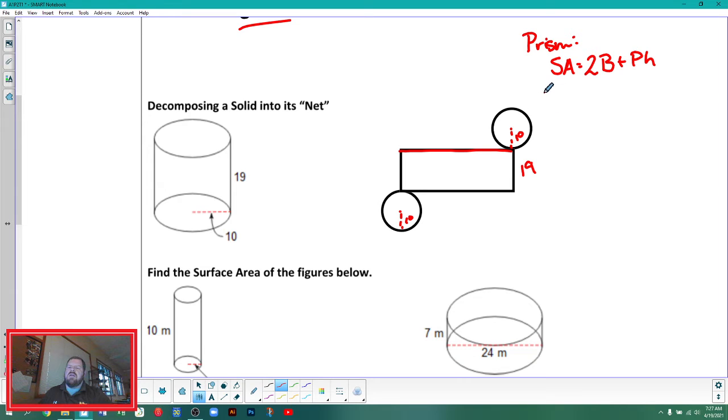For a cylinder, the base is a circle, so the area of the base is pi r squared. And the perimeter of the base is 2 pi r, because that's the circumference of a circle. So we have 2 pi r, and then times the height.